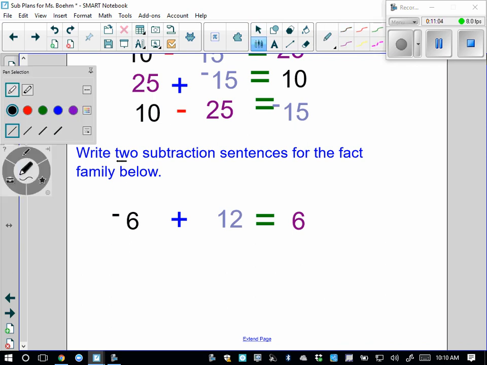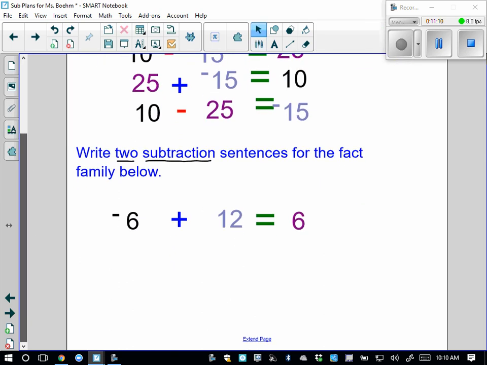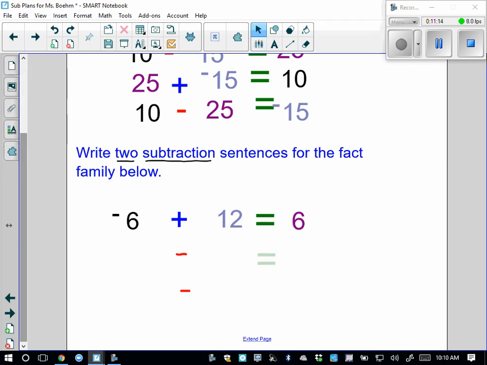So we want 2 subtraction sentences, right? We can make a minus twice, right? One of them I did 6 minus 12 equals negative 6. Okay, so you're going to end with negative 6 here.